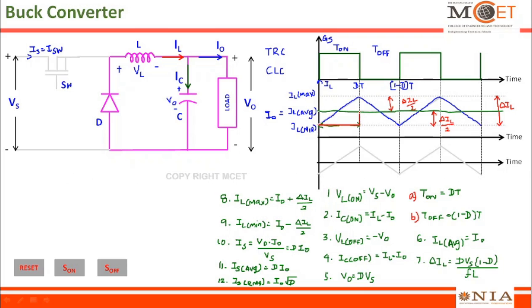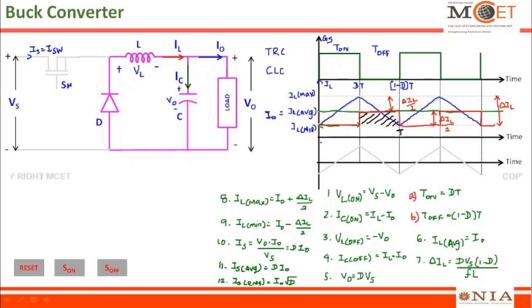From this point the current through the diode is I0, and again from this point to this point there is no current. Again the current through the diode is I0. This is the current flowing through the diode. Now this is dt, and this is (1 minus D) into T, or it is completely called T on plus T off. Now I need to find the average value and RMS value till this point.